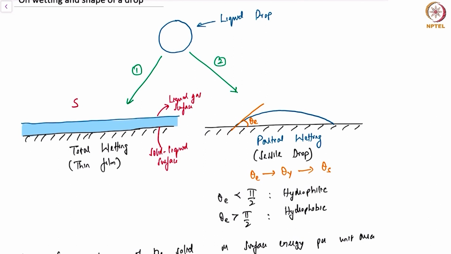If there is a net reduction in the energy, and this suggests by saying S is greater than 0, then we have a total wetting that is favorable, and when S is less than 0, we have partial wetting.